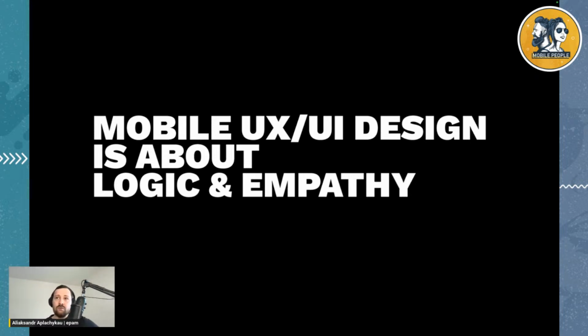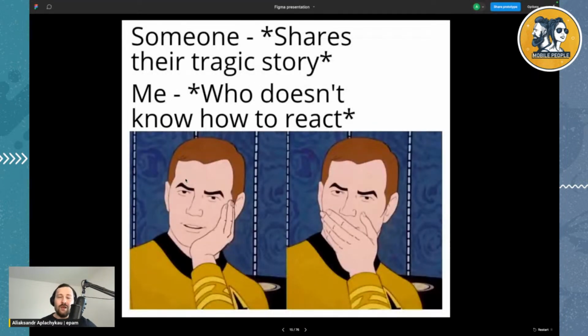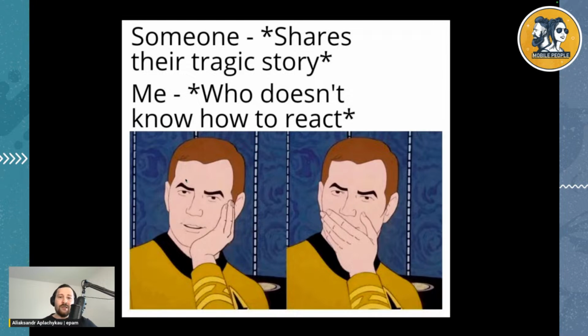As engineers and developers, we are already logic people because we are able to write algorithms. And empathy doesn't mean what is in this picture. Empathy, in my particular case, is the ability to understand user needs and user feelings.